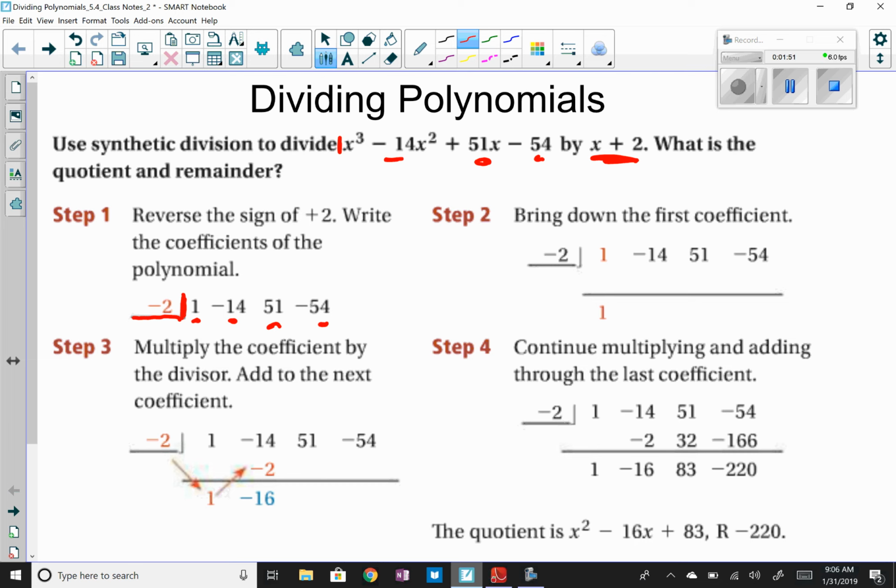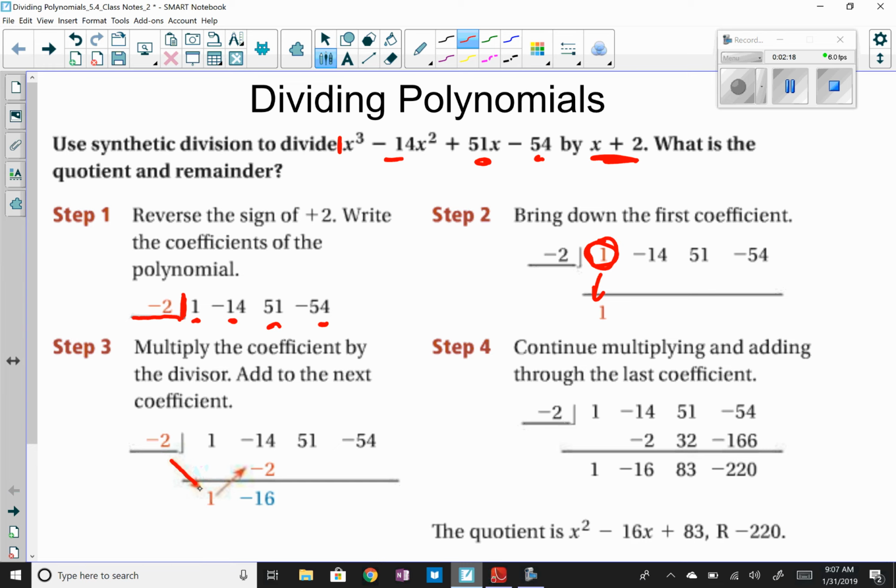Next step, if we look at step 2, is to bring down that first coefficient. So whatever is in this position will come down below the line to get started. The rest of the way is just multiplication and addition to get to the last column. Once they move the 1 down under the line, they multiply the negative 2 by the 1.